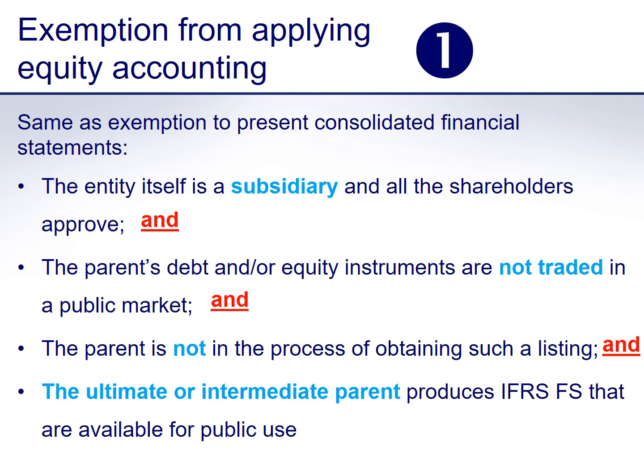However, if I meet all four of the following requirements, and you might recognize these from earlier in this webinar when we discussed the general exemption from consolidation: the investor itself is a subsidiary of another entity and all of its shareholders approve; the investor's debt or equity instruments are not traded in a public market; the investor is not in the process of obtaining such a listing; and the ultimate or intermediate parent produces IFRS financial statements in which the entity will be correctly equity accounted at that level. Then under those circumstances, you would be exempted from having to apply equity accounting. So the same general exemption from consolidation applies to equity accounting.